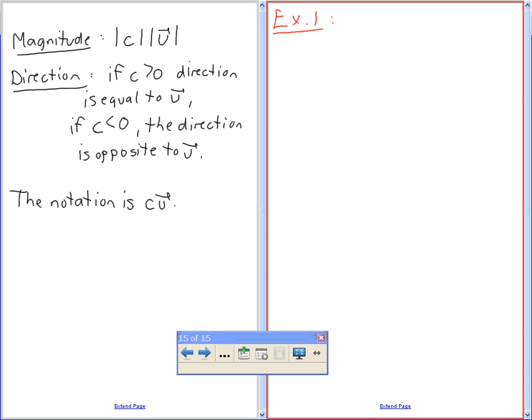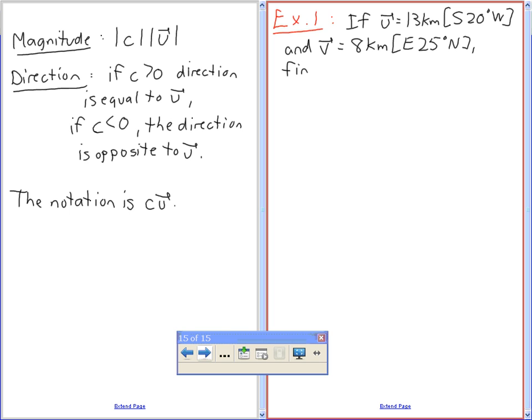So we're going to say u equals 13 kilometers south 20 degrees west, and vector v equals 8 kilometers east 25 degrees north.